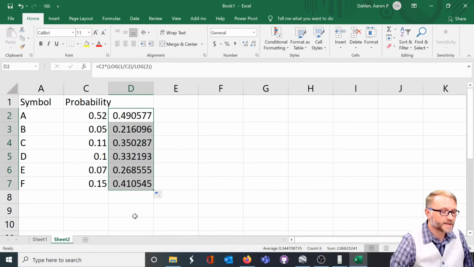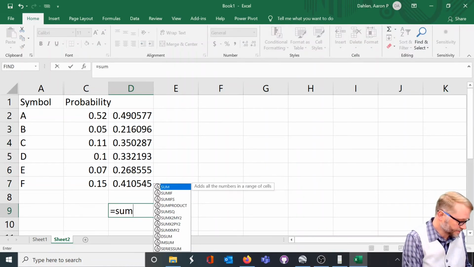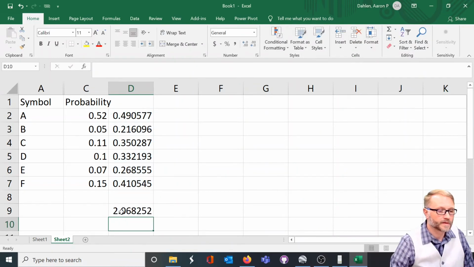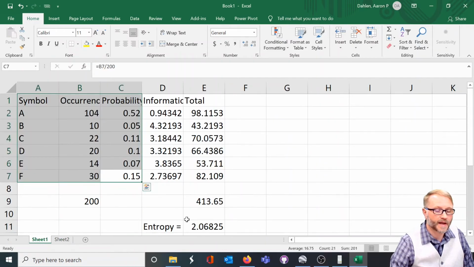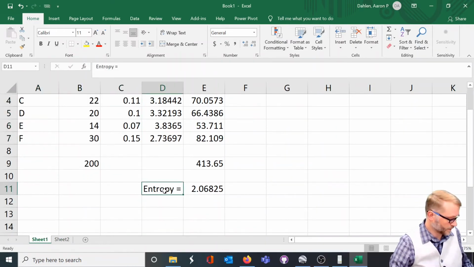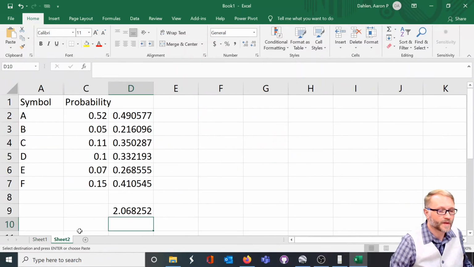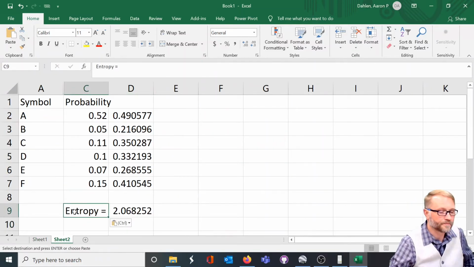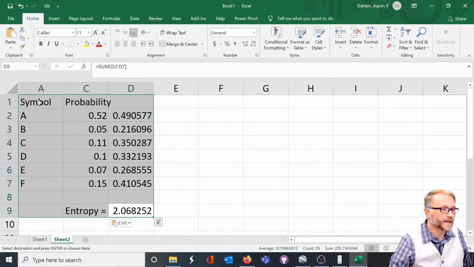We copy that, and then we add these together. There we are, which is the same answer as we got here. So the entropy using the long method is 2.07, and it's the same here. Personally, I like this method better because there's less room for error.